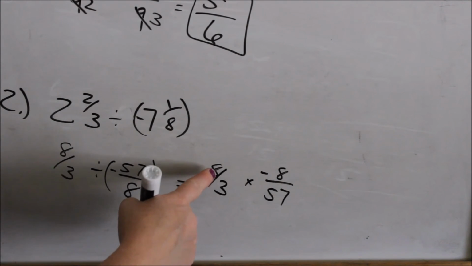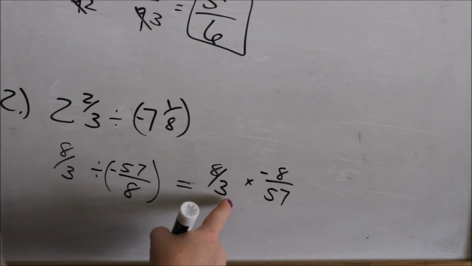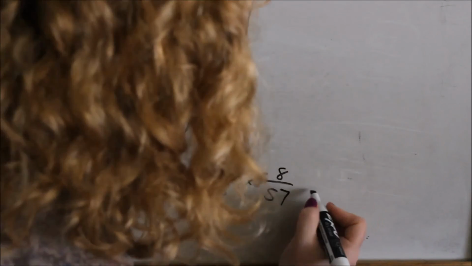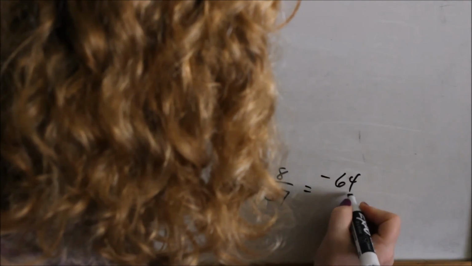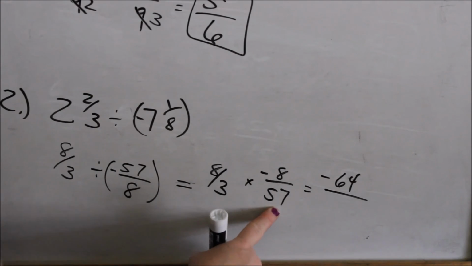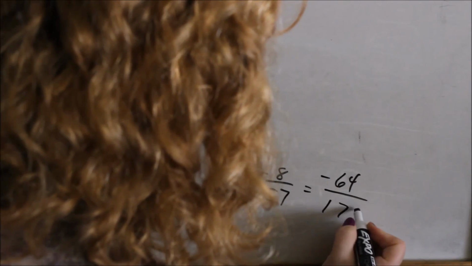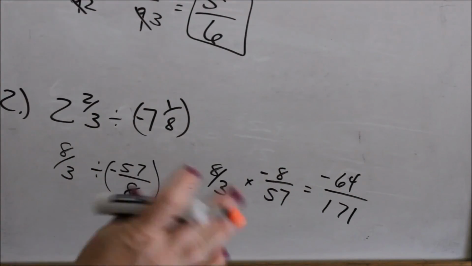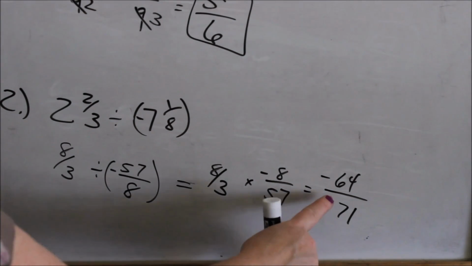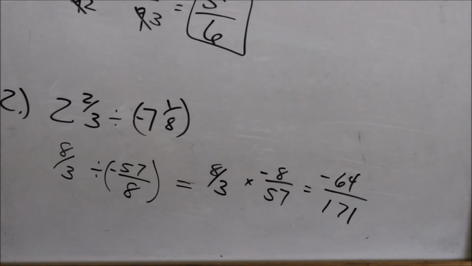I don't think I can cancel anything from 8 to 57, nor 3 to 8. So a positive 8 times a negative 8 is a negative 64. And then positive 3 times 57 is 171. That's not an improper fraction, and I'm pretty sure we cannot reduce that anymore, and we'll just leave the negative here out in front.